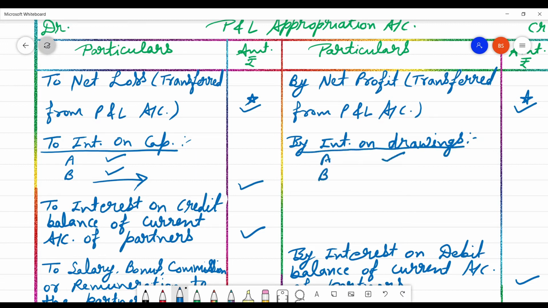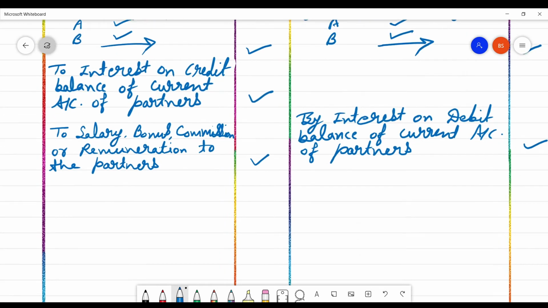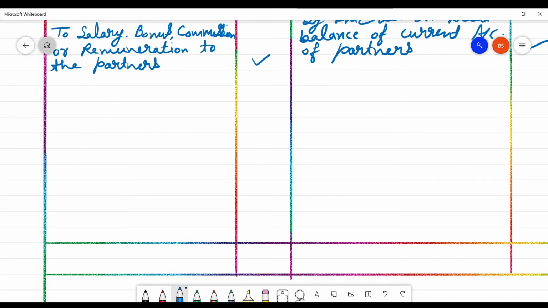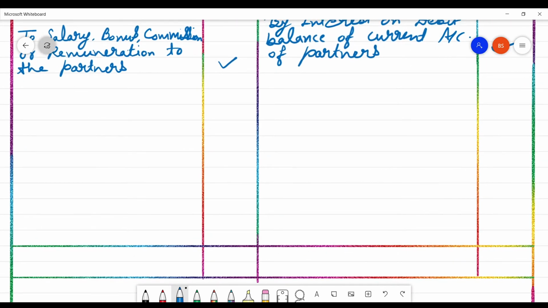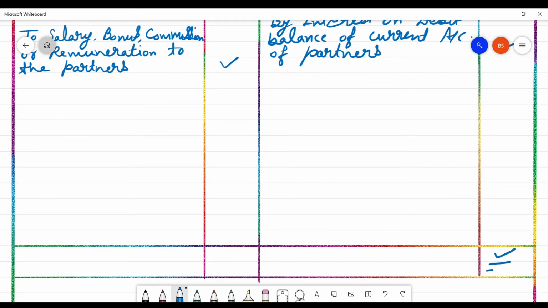Amount and total. After that we will make the total. If credit side total is more than the debit side, it will come divisible profit and it is transferred to the current account.